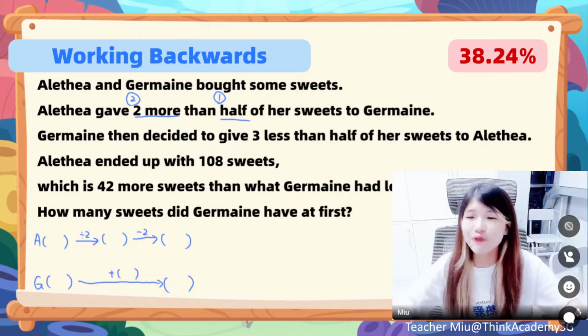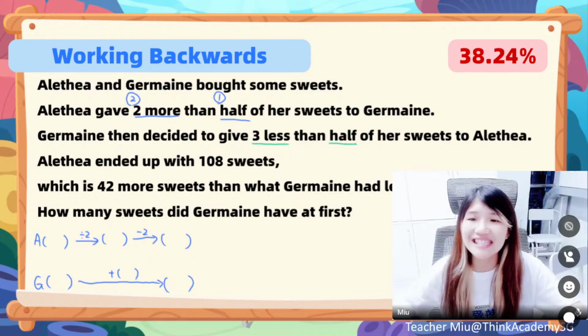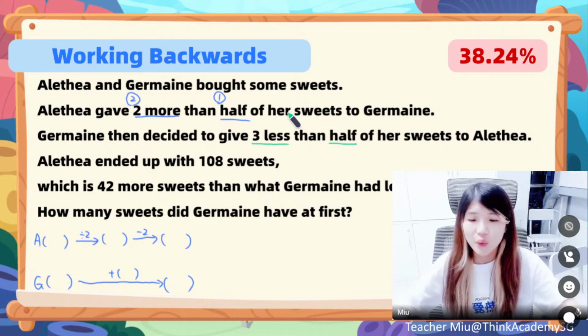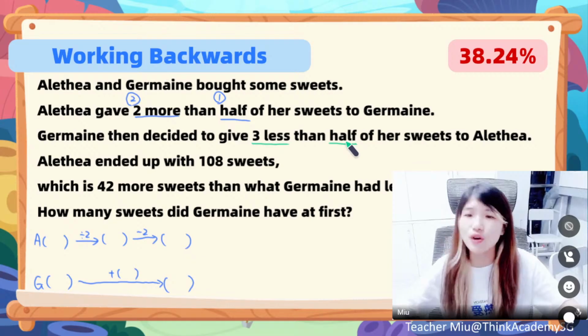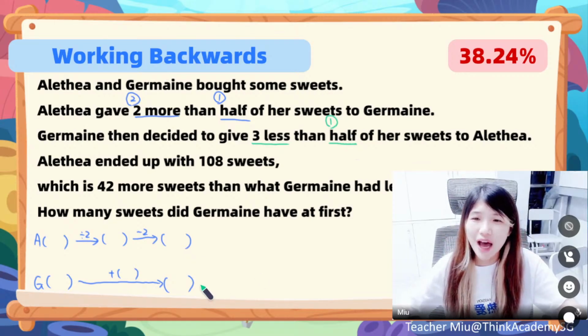And continue for the next step. G then decided to give 3 less than half of her candy to L. The question means we should always do the 3 less first or the half first? Always we should do the half first, which is divided by 2. Then 3 less that she didn't give out.